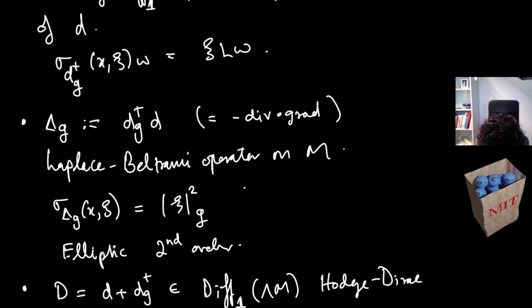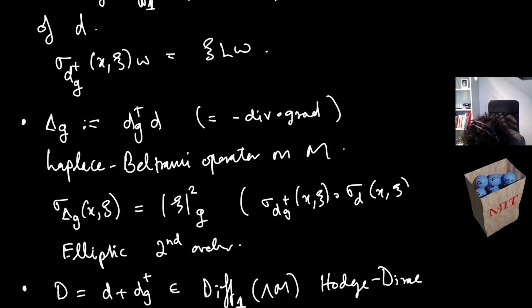So here we have that this is going to be dg perp x psi composed with d of x psi, and we know that the formal adjoint, so this is going to be negative dx psi composed with dx psi.